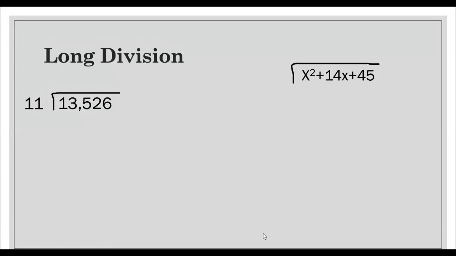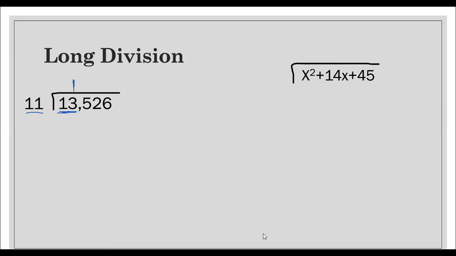And when we do this, we're going to take our 11 and look at just the first digits, this 13, that we can divide by 11. So we're not going to look at the whole number right away. Just like with the polynomials, we won't look at the whole polynomial right away. We'll just look at the leading term. So here we just look at this 13, and we can say 11 goes into 13 once.